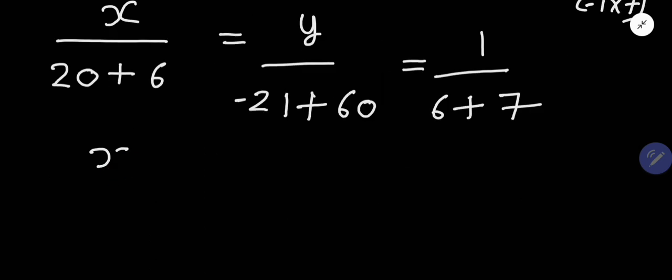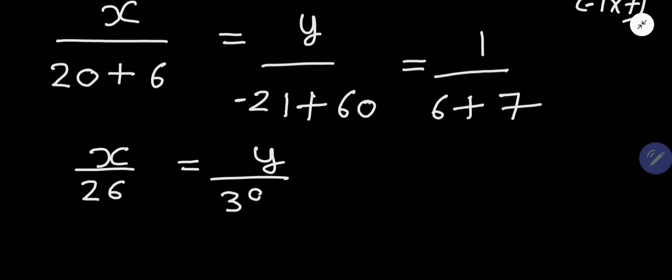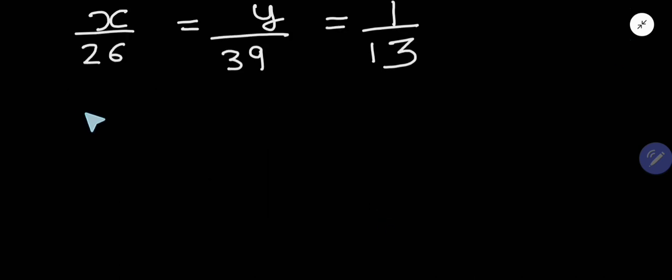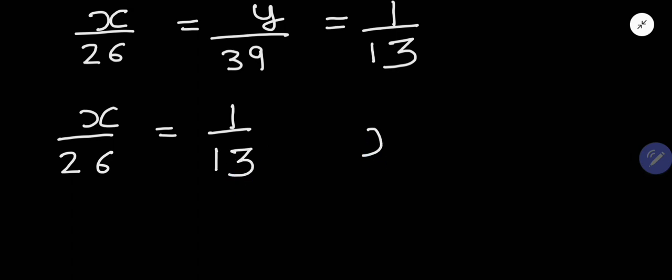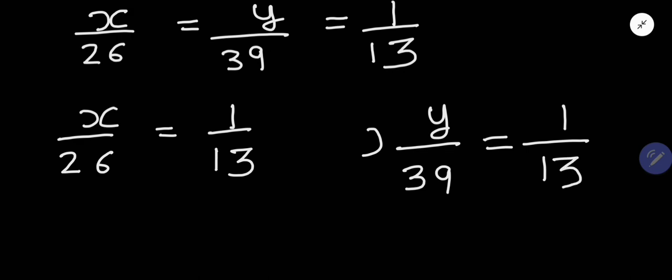So x upon 26, y upon 60 minus 21 is equal to 39, 1 upon 13. So x upon 26 is equal to 1 upon 13 and y upon 39 is equal to 1 upon 13.